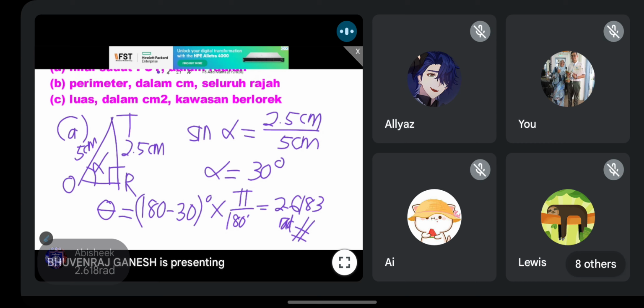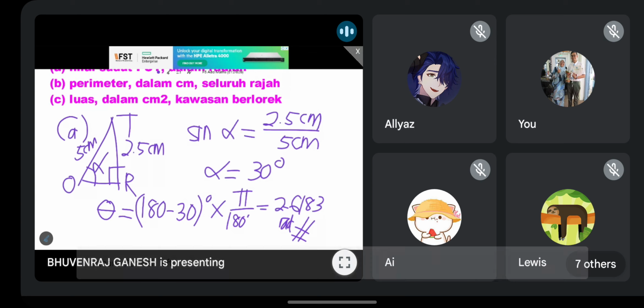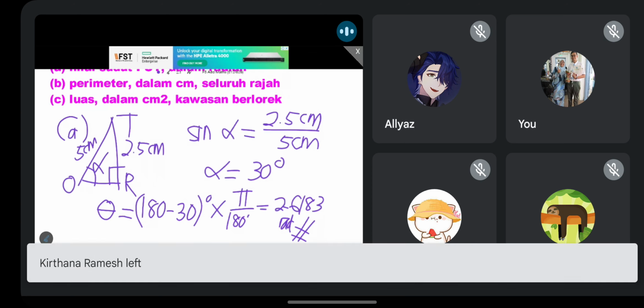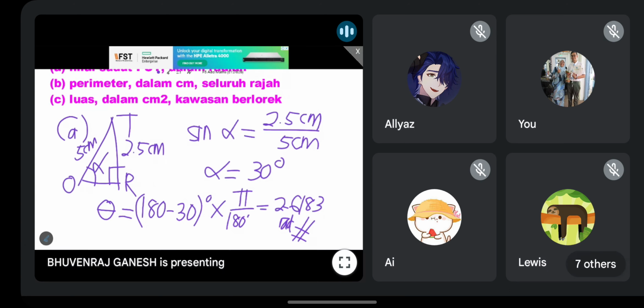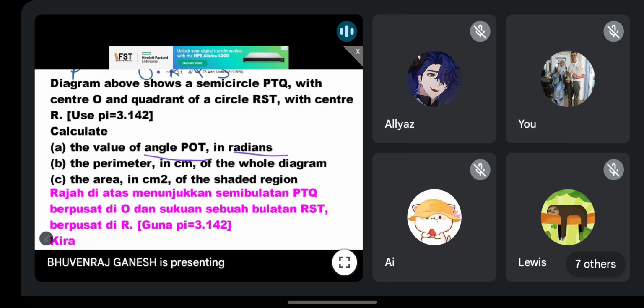Correct. 4 dp, not 4 SF, guys, not 2.618, 4 dp. You must add the one more digit number. Because 2.618 is 4 angka bererti, 4 significant figure. I want 4 decimal place. Saya nak 4 titik perpuluhan. So 0.6183. Must have 4 number after the titik. Okay, so this is for part A.